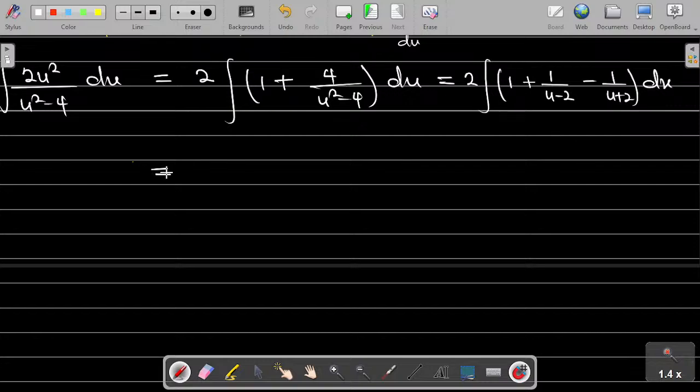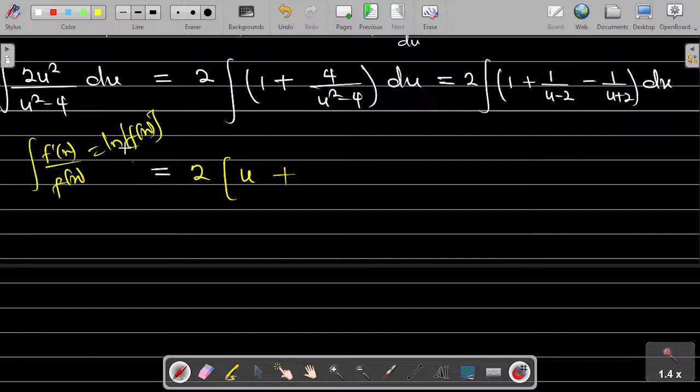Okay, so here now we are going to evaluate that. So we have 2 into the bracket of, if you integrate 1 with respect to u, remember that this thing is du not dx, sorry. So if we integrate 1 with respect to u, we will get u, then plus if we integrate this with respect to u, of course the derivative of u minus 2 is 1, so it satisfies that condition of f prime of x all over f of x being equal to the ln of f of x.